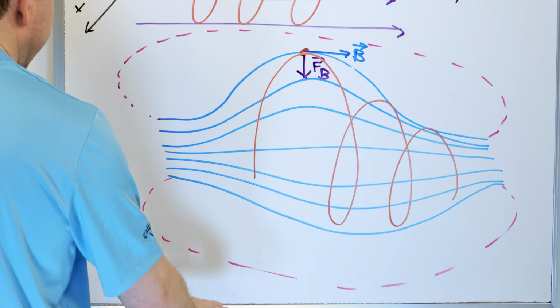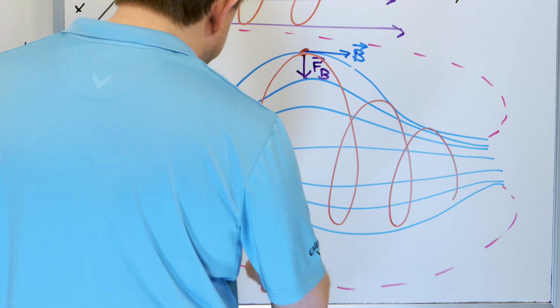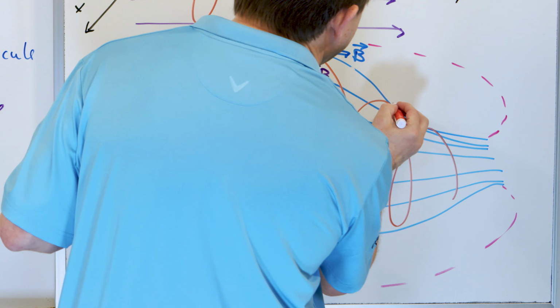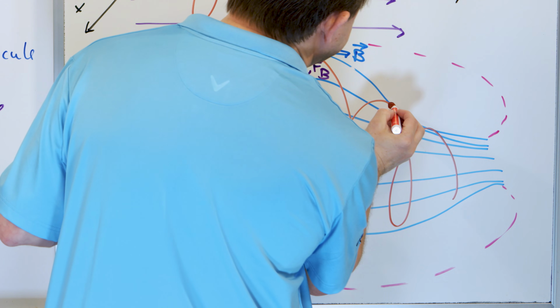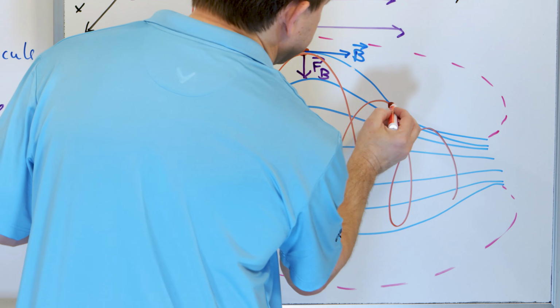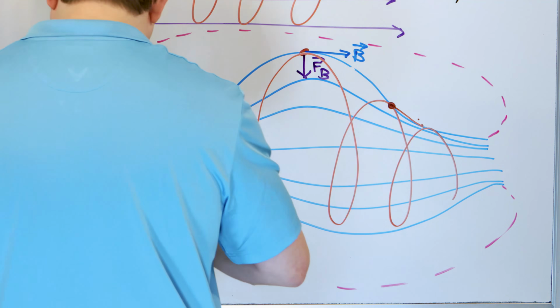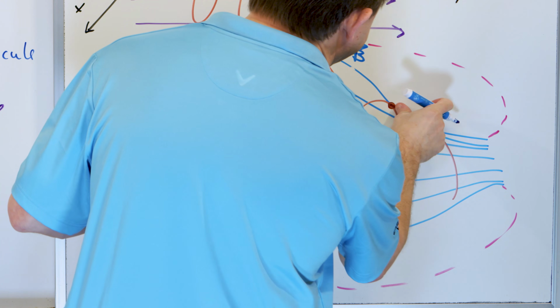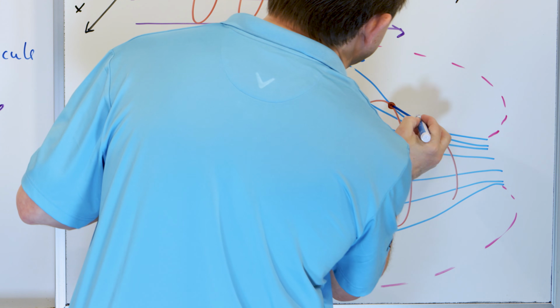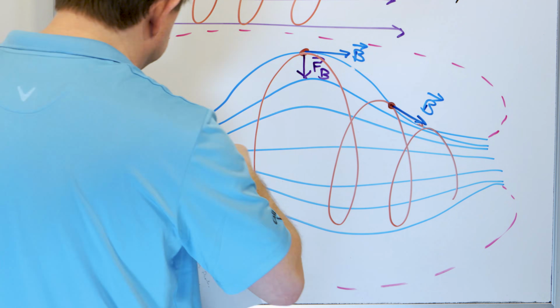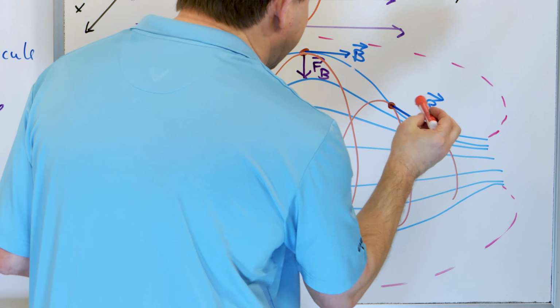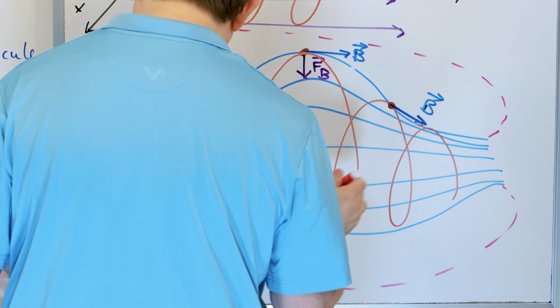Here's the critical thing I really wanted to point out to you though. If you consider another point, maybe right here, as the magnetic field has taken a turn like this, locally the magnetic field is curved down like this because it's changed direction. But remember, the velocity of the particle is still into the board.